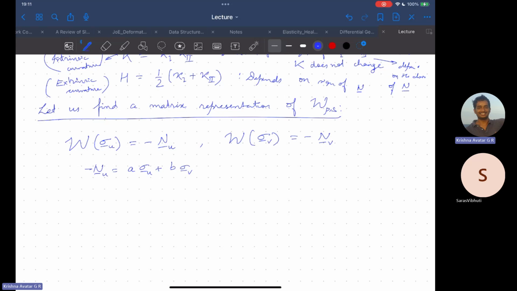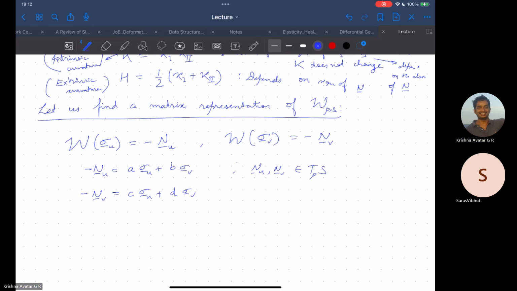So I'm using a and b as the coefficients. Likewise, you can have minus nv equal to c sigma u plus d sigma v. The reason is that nu and nv belong to TPS.